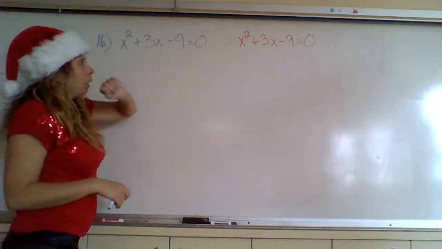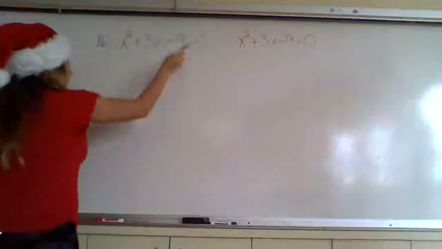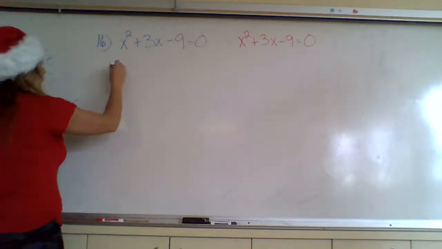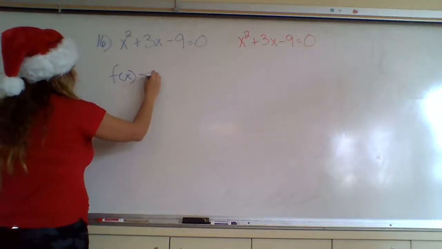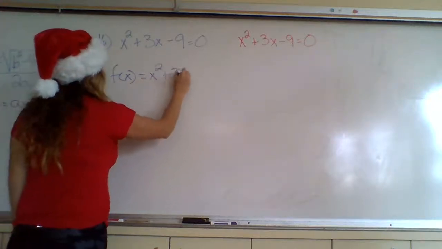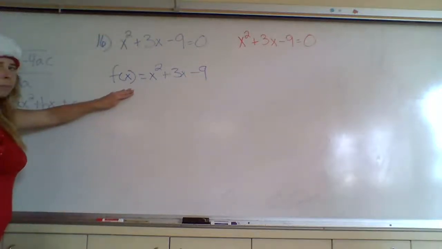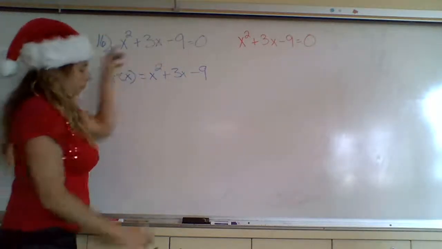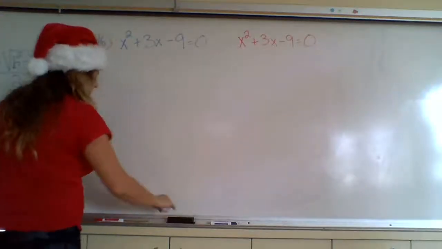When we did it last unit, this was like f of x or y equals x squared plus 3x minus 9. So we didn't know what f of x was. We do this time. But you can still do the same process.